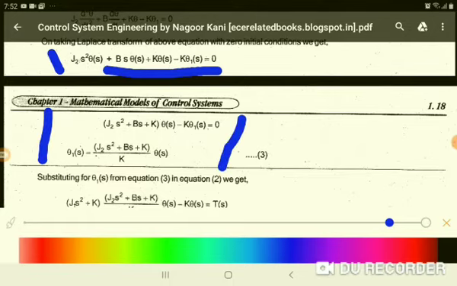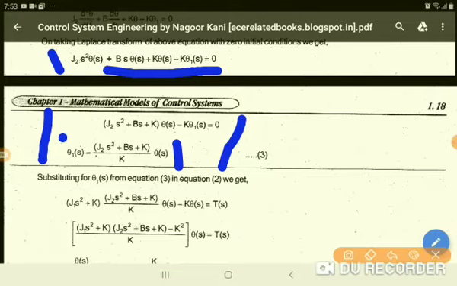From simplification, theta 1 of s equals J2 s square plus B s plus K divided by K, into theta of s. Listen carefully, students: we make it theta 1 of s because in a transfer function we need only theta of s by T of s. So we found theta 1 of s in terms of theta of s. Treat this as equation number 3.